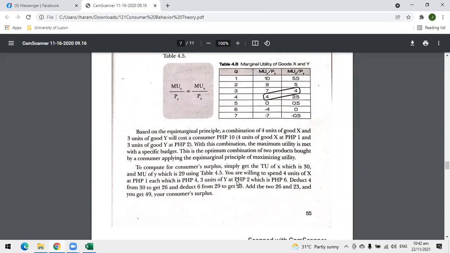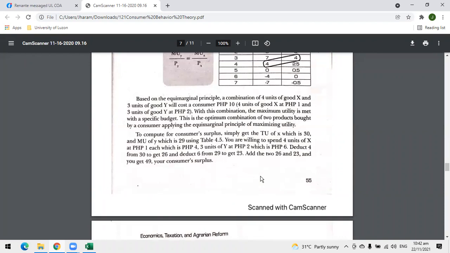We have here 10 plus 30 plus 29, that is 59 total utility if we add the 2. What I really don't get is this: you are willing to spend 4 pesos on X, which is okay, and 3 units of Y at 2 pesos, you get 6. I don't know why you need to deduct the 4 and the 6 from their total utility.